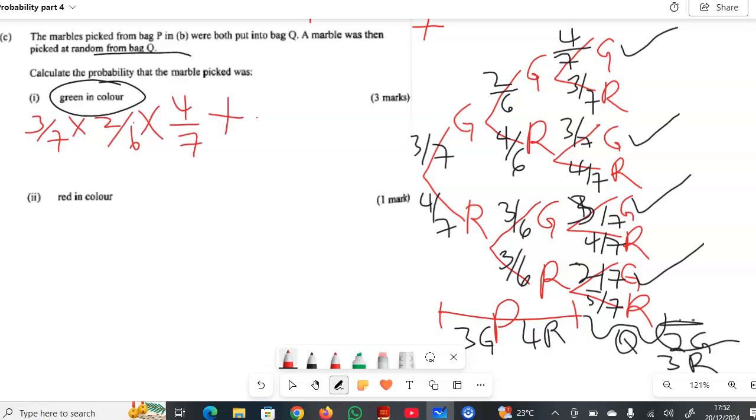We add the second one, 3 over 7 multiplied by 4 over 6 multiplied by 3 over 7.